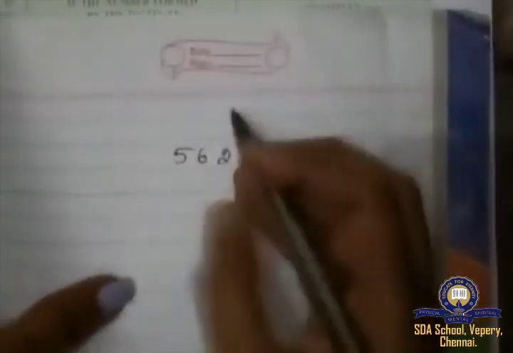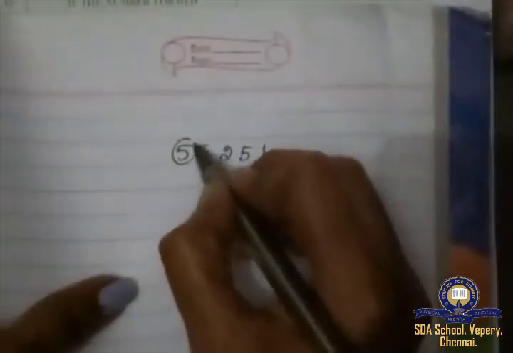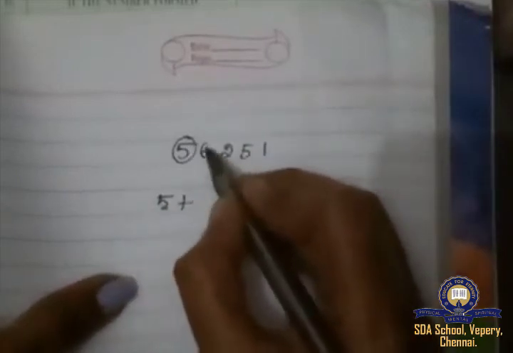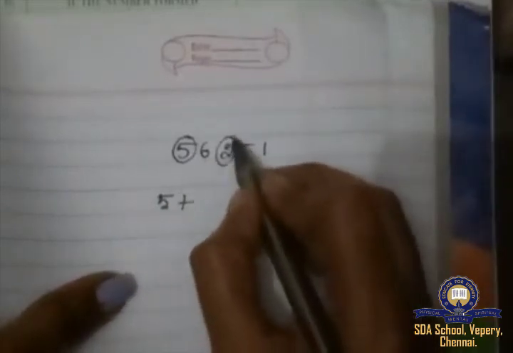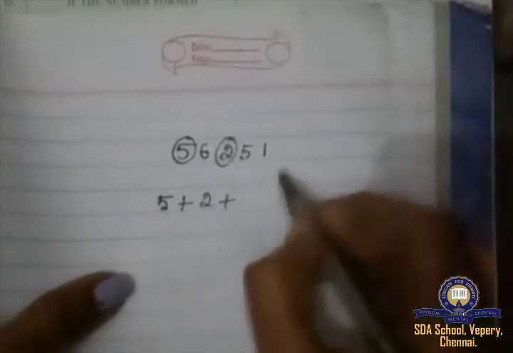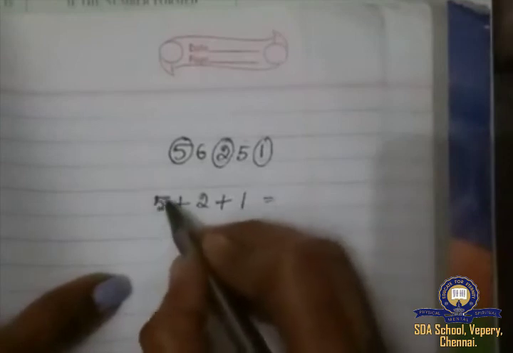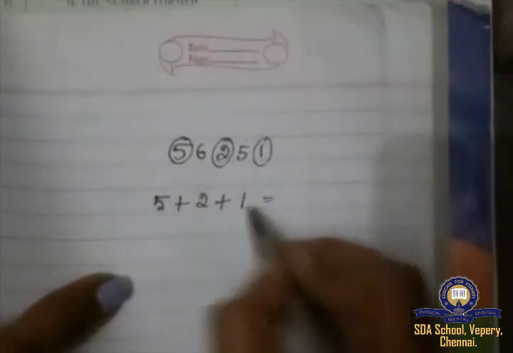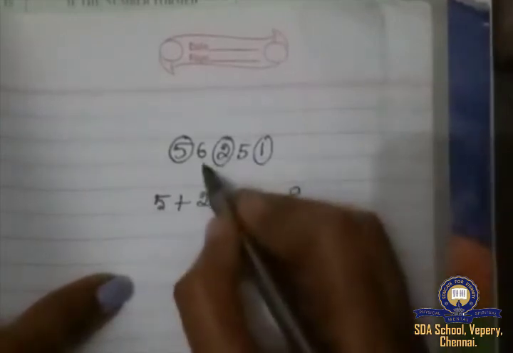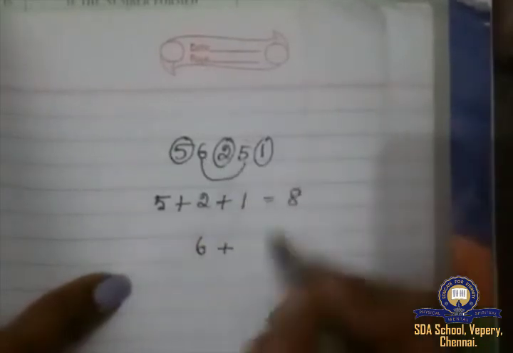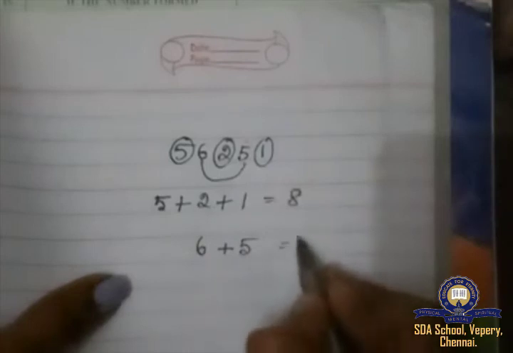First we'll take this number 5, leave this number, take this number 2, leave this number, take this number 1. Just add it: 5 plus 2 is 7, 7 plus 1 is 8. Next, the balance numbers 6 plus 5, that is 11.